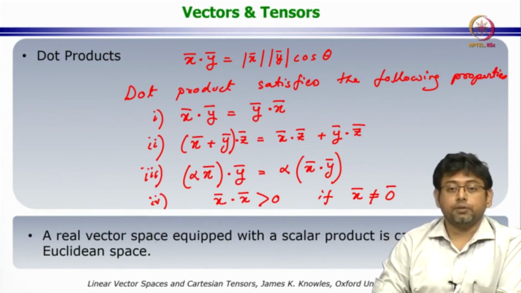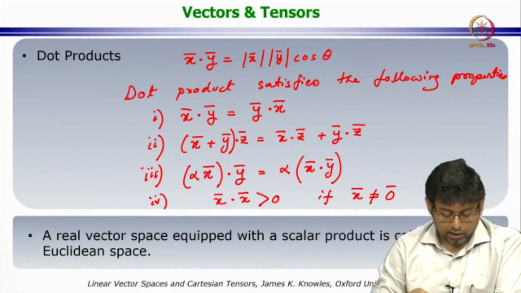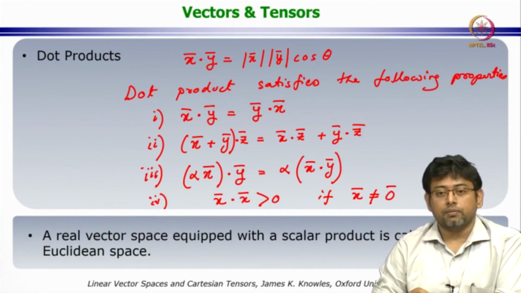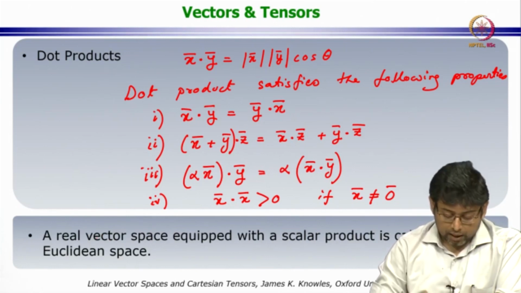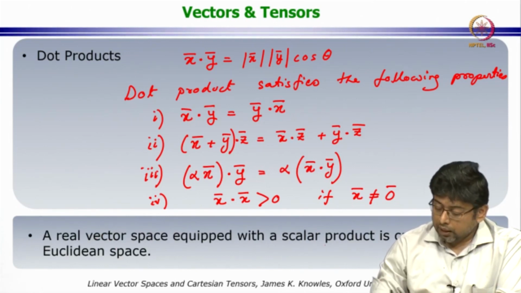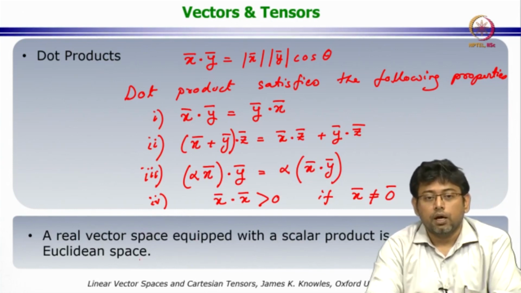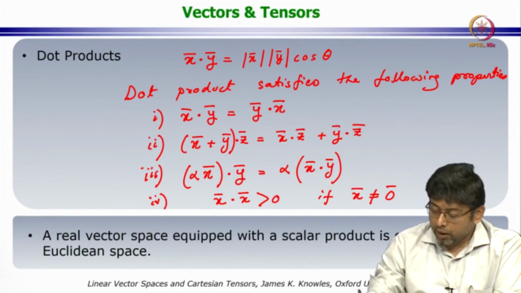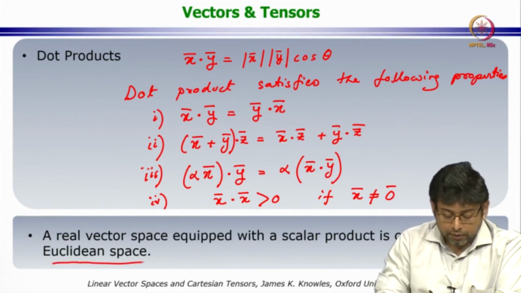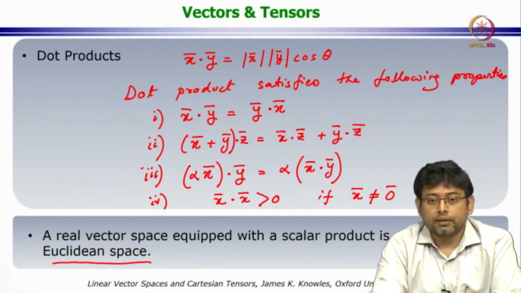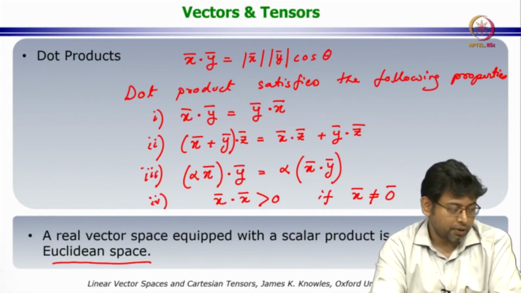A real vector space, where real implies all the scalars are real numbers, equipped with the scalar product is called a real Euclidean space. This is an important type of vector space, and I wanted to clarify that not all vector spaces need to have a sense of metric and a sense of geometry.